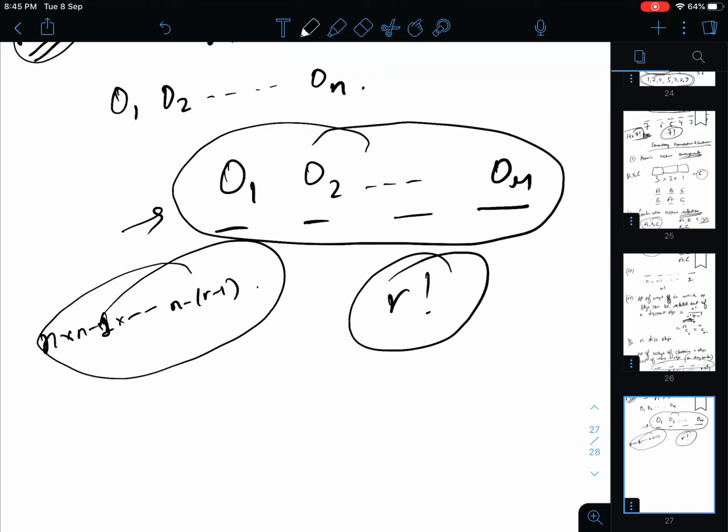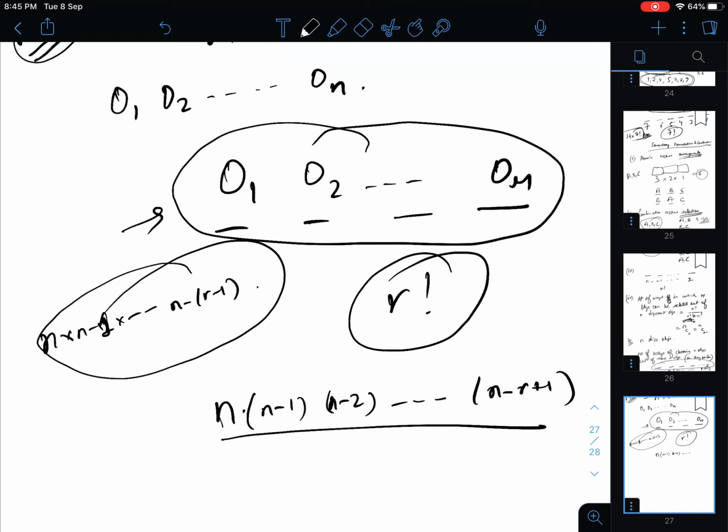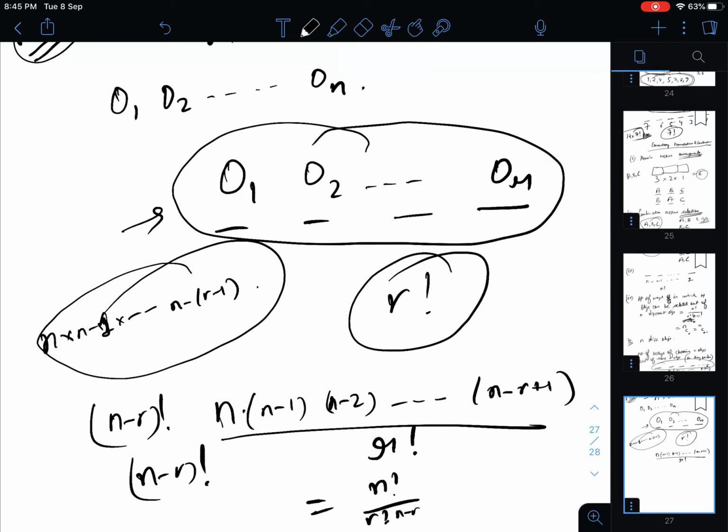So the number of ways in which R objects can be selected out of n different objects is n into n minus 1 into n minus 2 till n minus r plus 1 upon r factorial. Okay, and this is nothing but you just multiply and divide by n minus r factorial, and this becomes n factorial upon r factorial n minus r factorial, which is NCR.